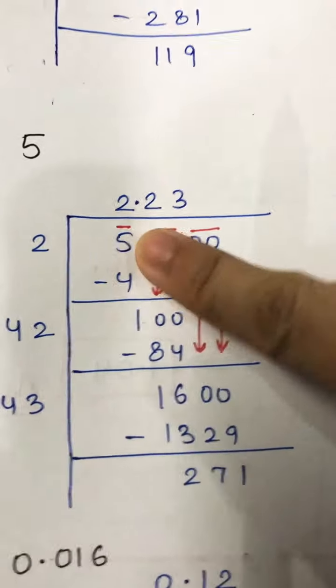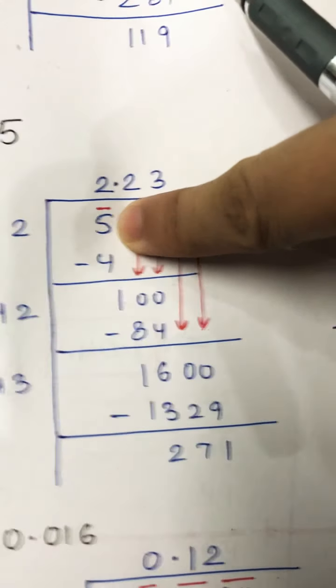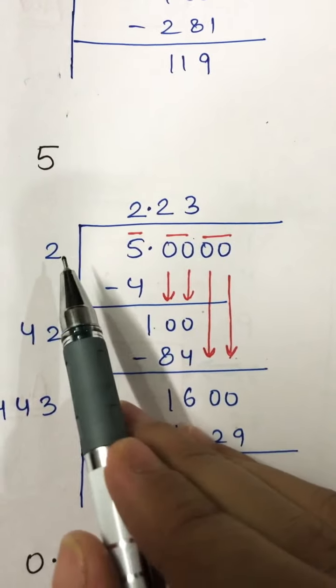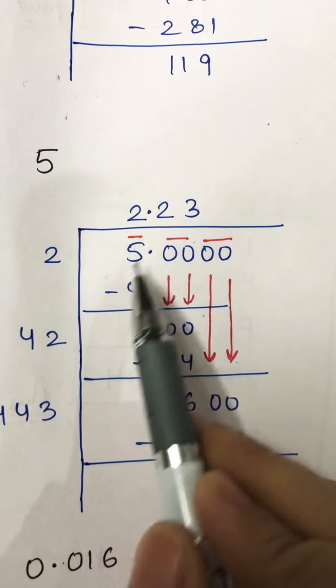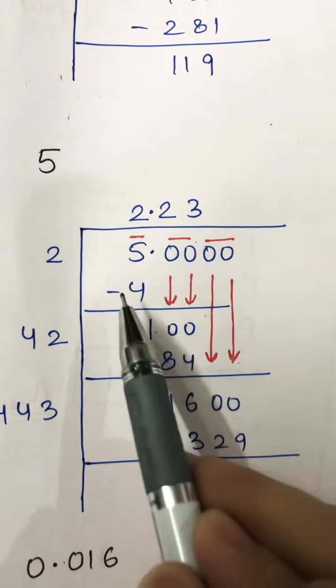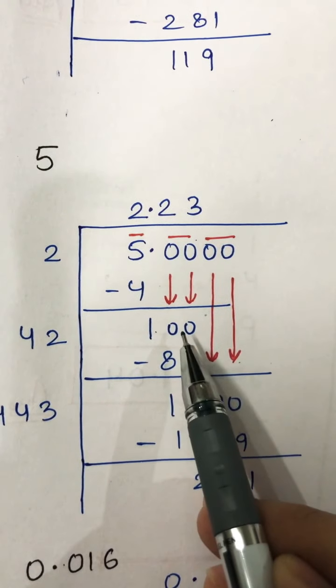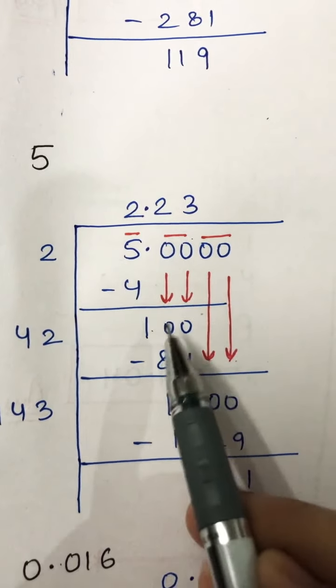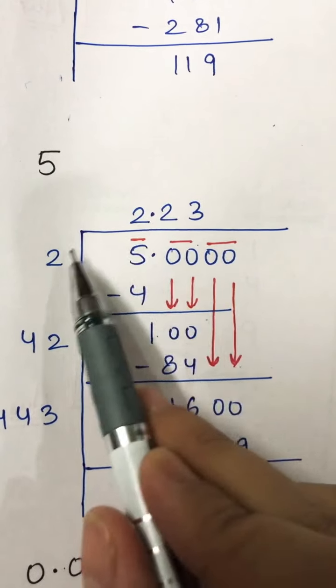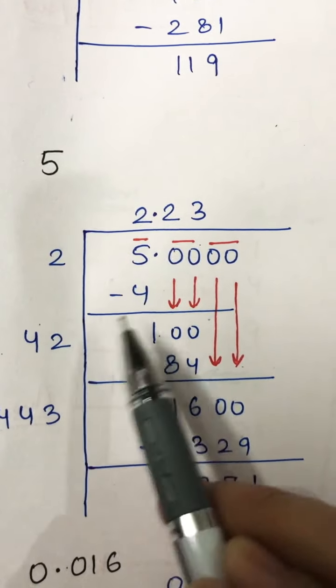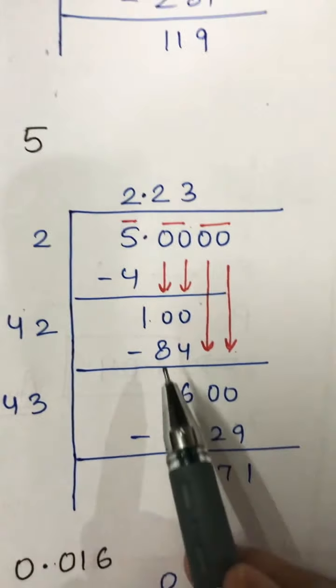That means it is only 5. Now see, first of all, it will go in which table? 2. 2 2s are 4. The answer will be 1. Now take out these 2 digits together. When we take out these 2 digits together, you have to place a decimal. 2 plus 2 is 4 and multiply with 2. The answer will be 42. 2s are 84.